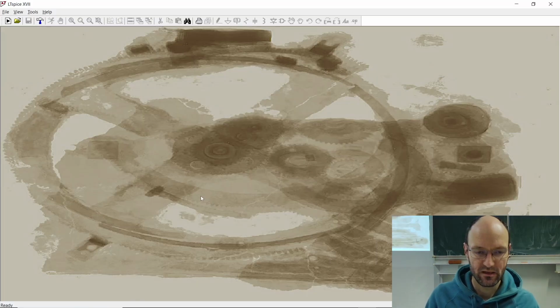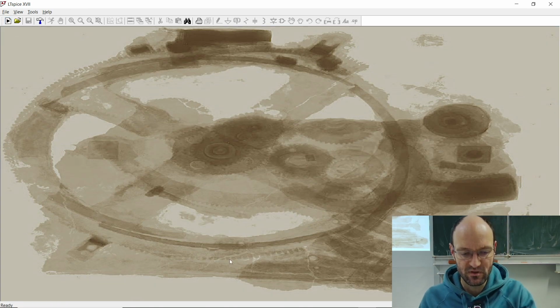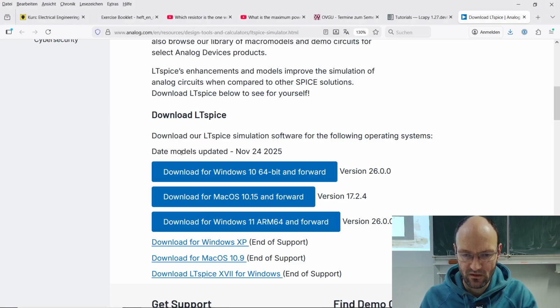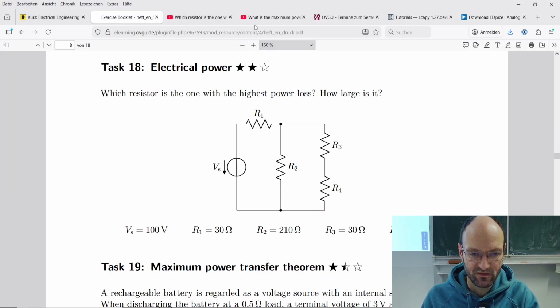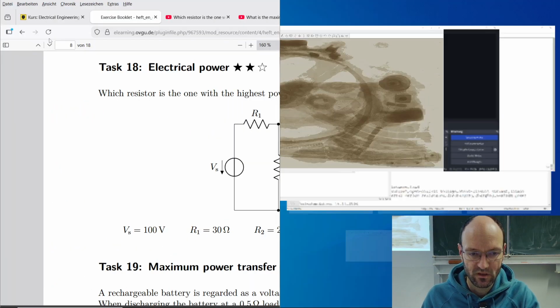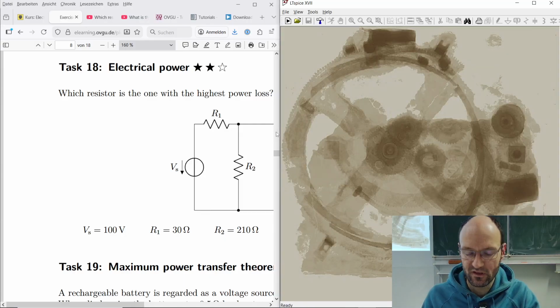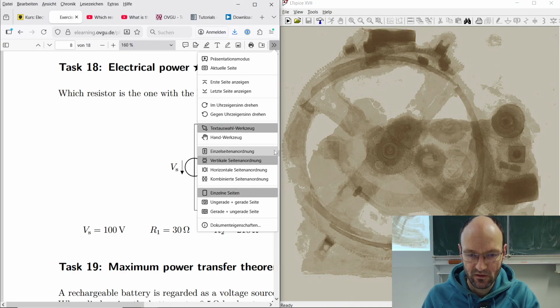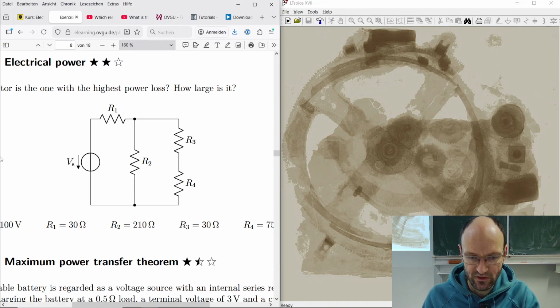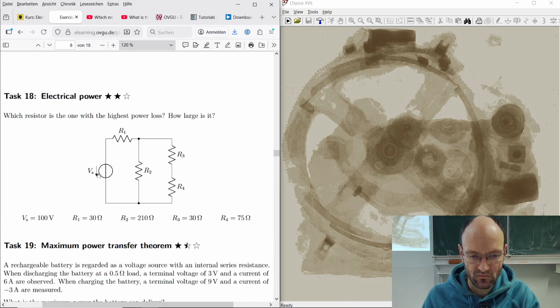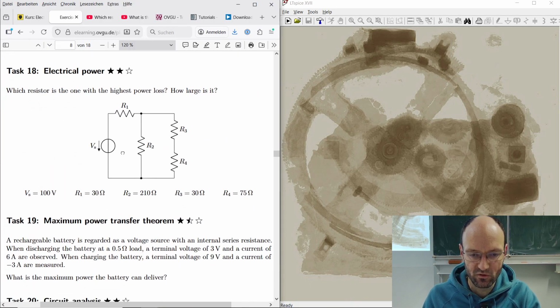But in general, it's working quite nice. So this is when you open it up, and now maybe I will try to arrange my screens in a way that I put the exercise booklet on this side and this on the other side. And then I maybe need to change here for the hand tool and maybe make this a bit smaller so that everything fits on the screen.